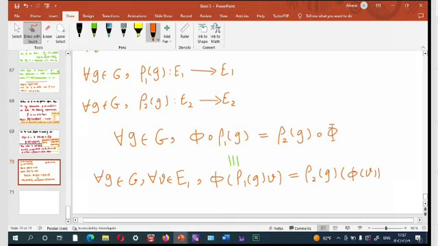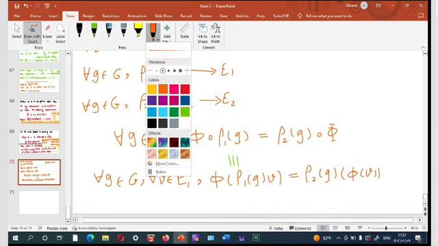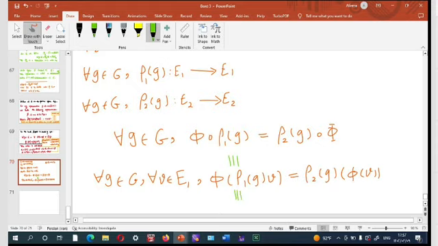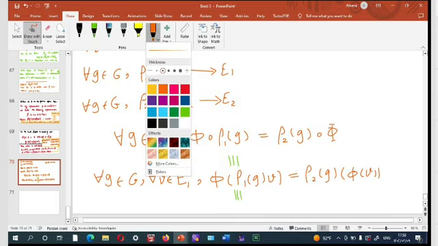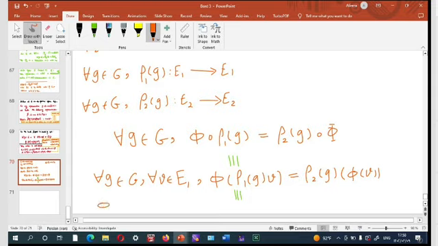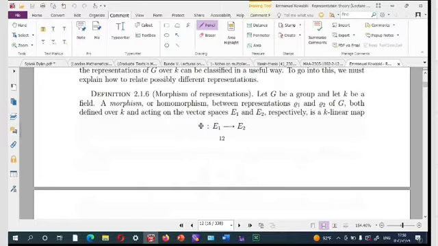Now if we have this equality, we say that phi is a homomorphism from rho 1 to rho 2.